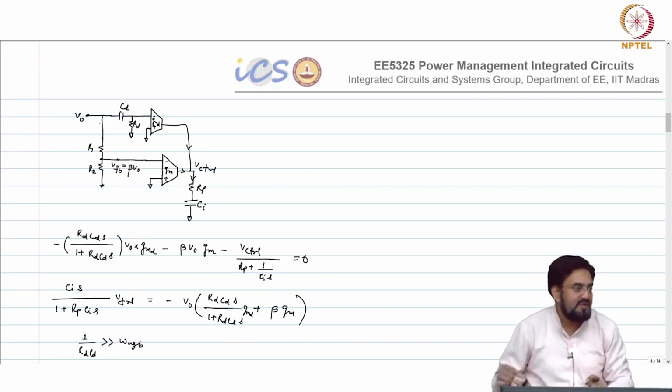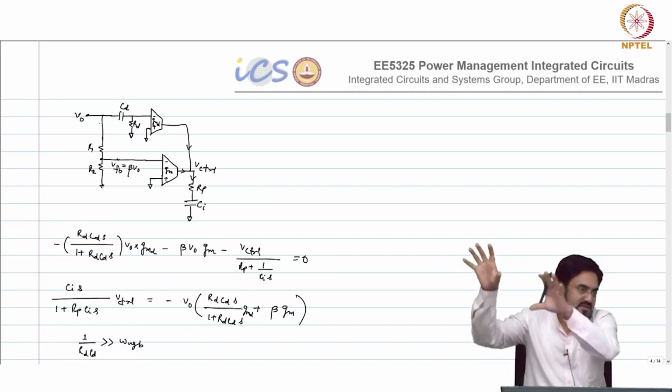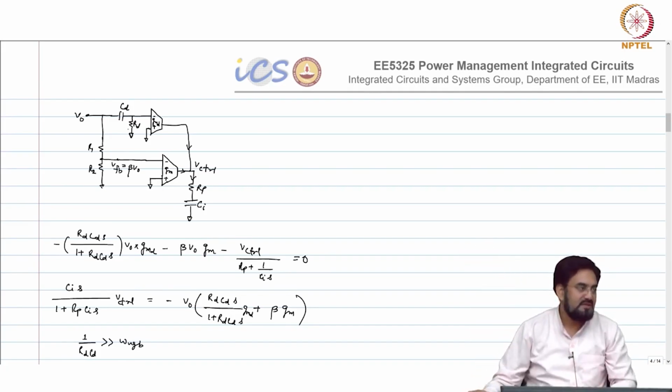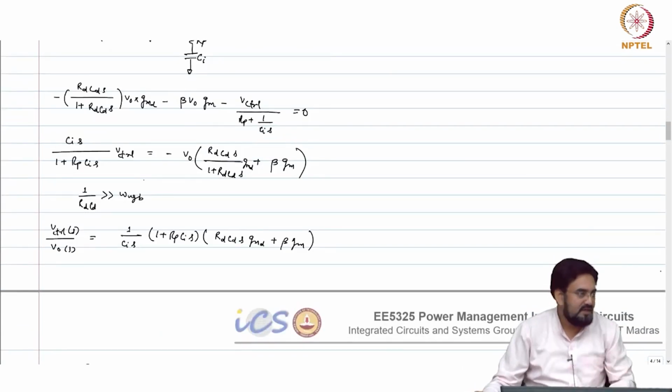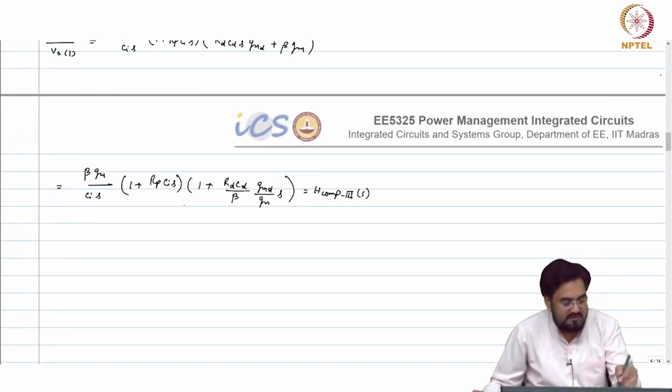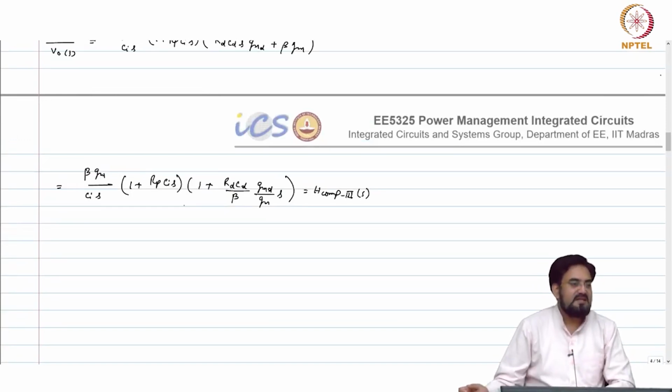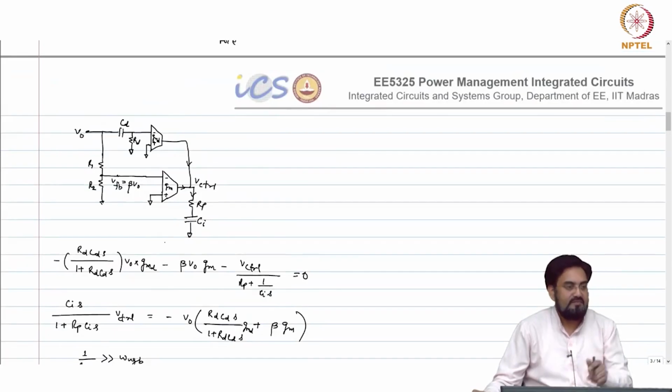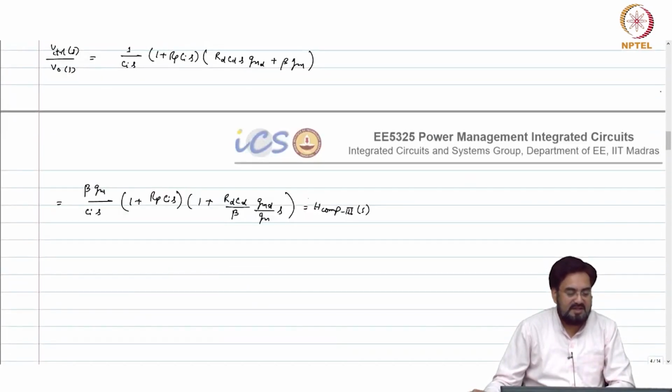But since I am looking from V out, this is exactly the same transfer function which you got in the op-amp. In the op-amp also we calculated V control over V out. Here also we are controlling V control over V out. So the first 0 is 1 over RP CI.